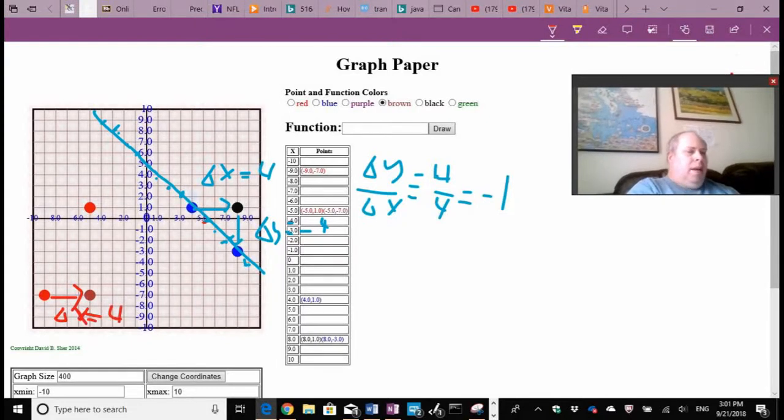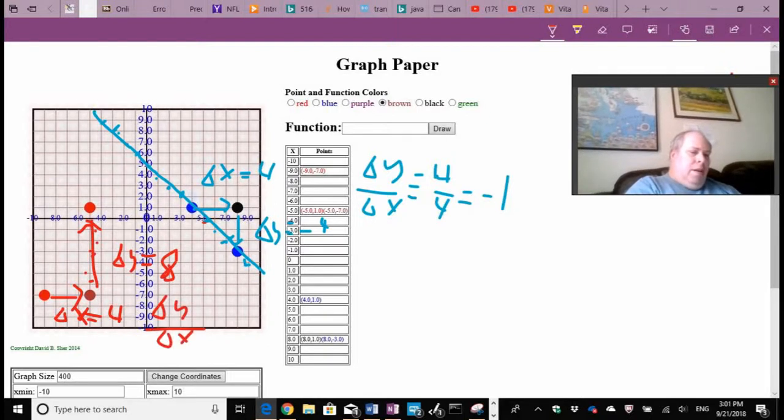Make sure you put delta x on the bottom of the slope. Now, here we have delta y. That's going to be a little bit bigger. We can count 1, 2, 3, 4, 5, 6, 7, 8. So delta y is 8. That gives me delta y over delta x is 8 over 4, which equals 2. That's a slope of 2.